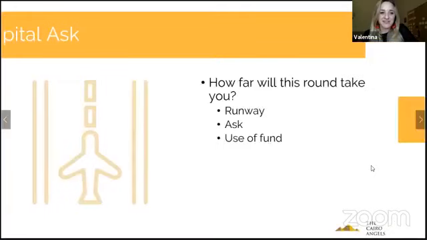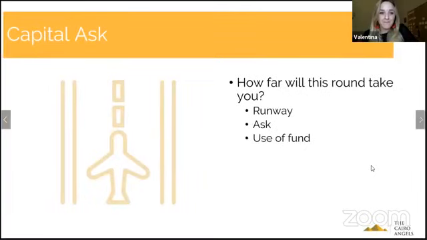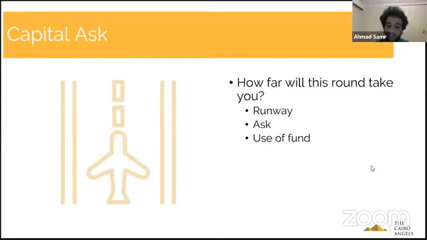Right. Perfect. And then the final thing is the capital ask, which is going to be how much money you want as an investment. So let's say, for example, you want $100,000 as investment, and then you explain what you're going to use that $100,000 for. So operations, team and marketing, product development, there's a whole bunch of categories.